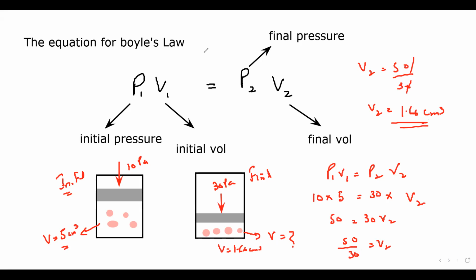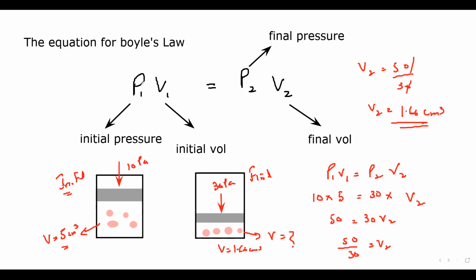Discussion and example of Boyle's law: how it can be used to calculate the pressure and the volume, or how it can relate the pressure with the volume. And it is only valid for gases. So when you have a gas in the container, in the beginning the pressure is known as P1 and the volume of the gas is known as V1.